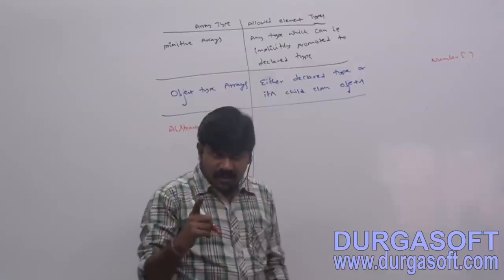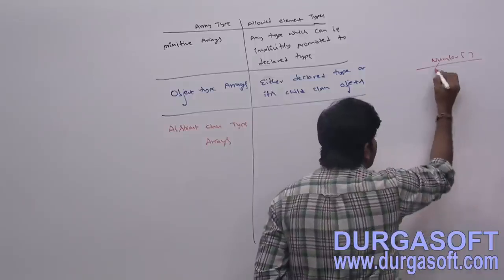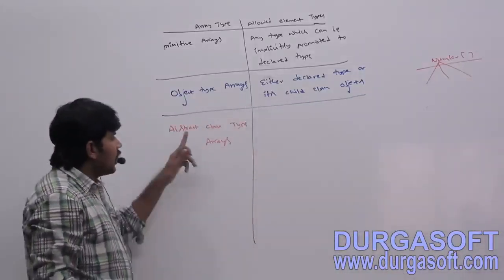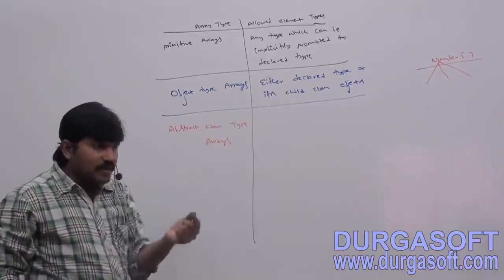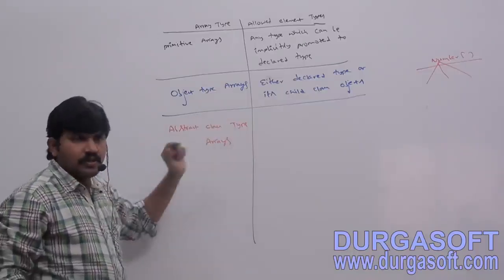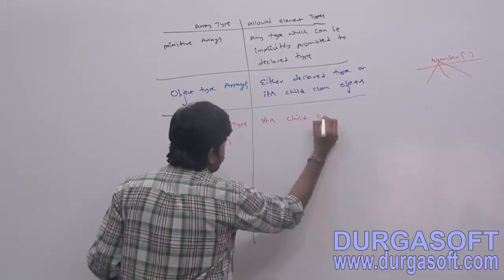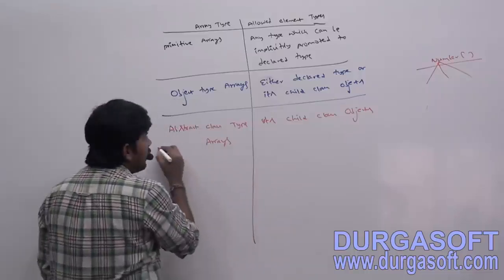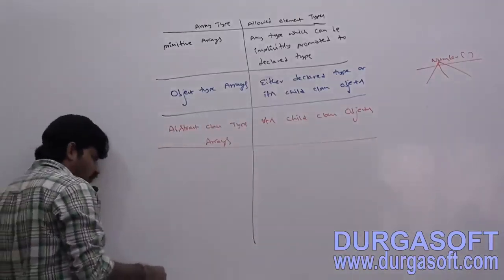Number is an abstract class. For the Number array, which type of elements are allowed? Its child classes: Byte, Short, Integer, Float. So for abstract class type arrays, its child class objects are allowed.